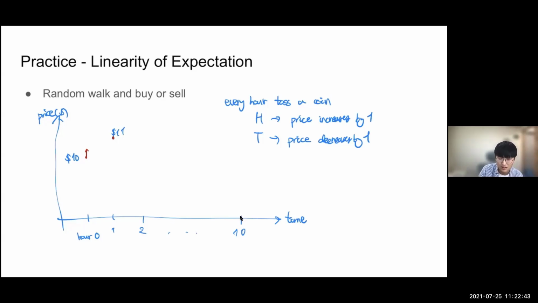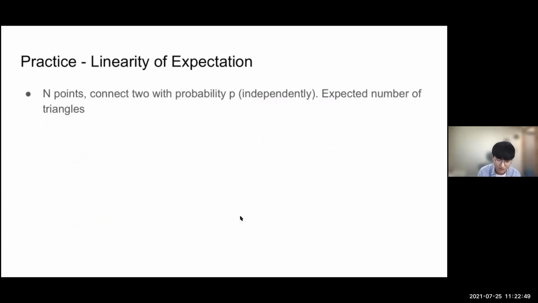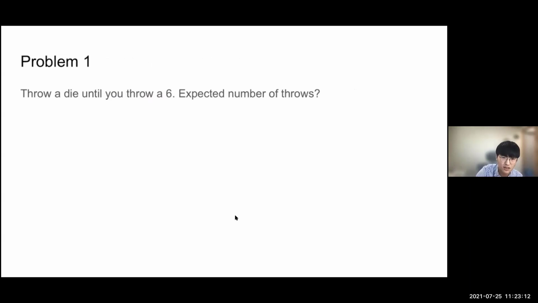Maybe I should skip this example because it's a bit complicated, but I really wanted to stress the fact that linearity of expectation does not have to do anything with your random variables being independent. I guess I've done that already. So let's move on to the problems.